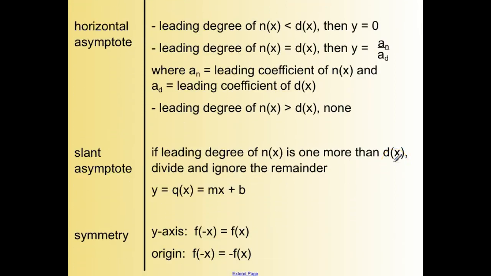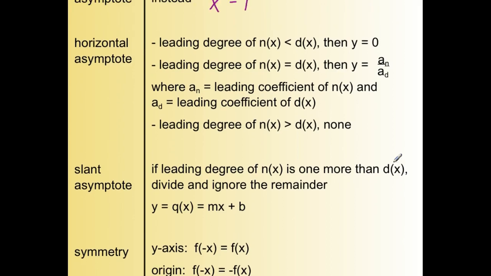For horizontal asymptotes, there are 3 different possibilities. The first possibility is when the highest power, or leading degree, in the numerator is smaller than the highest power in the denominator. We had 2 parent functions that had horizontal asymptotes of y equals 0. To give you an idea of what kind of rational function would give you an asymptote of y equals 0, one was the inverse.